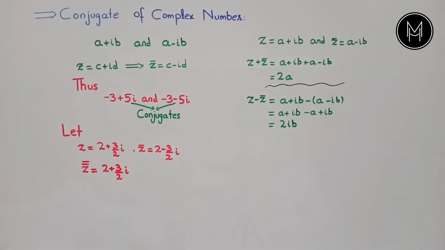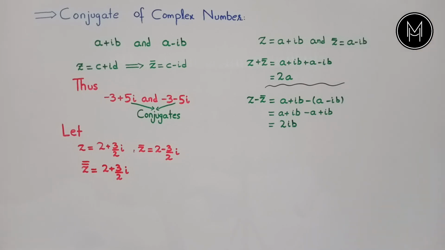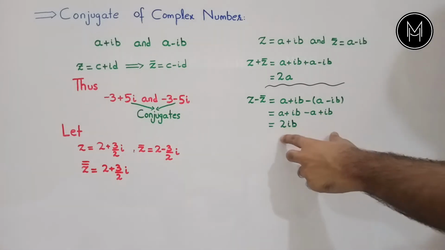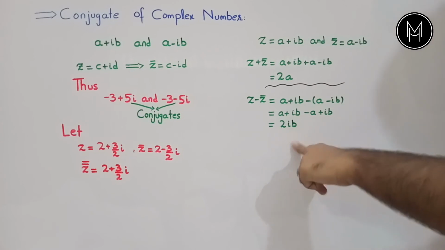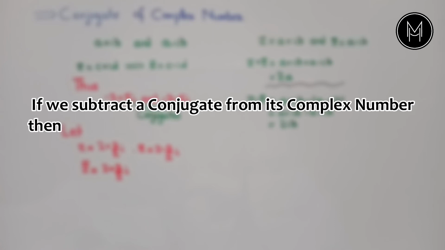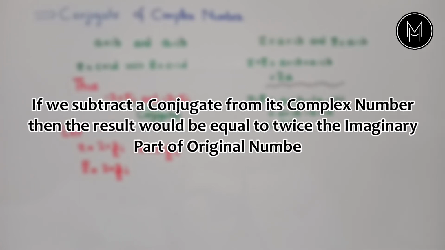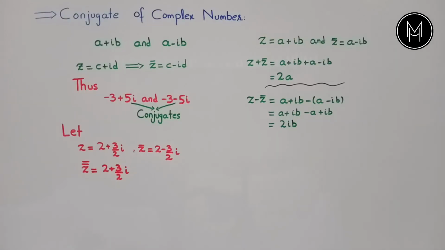So we will cancel these two real parts and add the two imaginary parts as they are the same in sign. So as a result we will get 2ib. This means if we subtract the conjugate from its complex number, the result would be equal to twice the imaginary part of the original number. So this is the conjugate of a complex number.